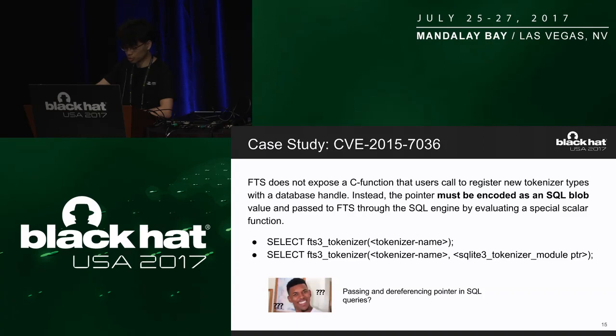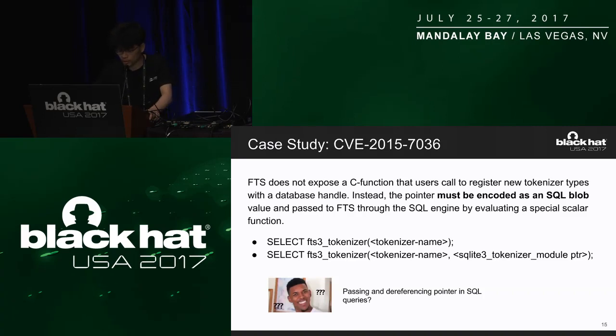You need to use a special scalar function that is fts3_tokenizer. fts3_tokenizer accepts 1 or 2 arguments. The first one is the string of your tokenizer's name. The second one is a blob, which is used as a pointer to a tokenizer module.